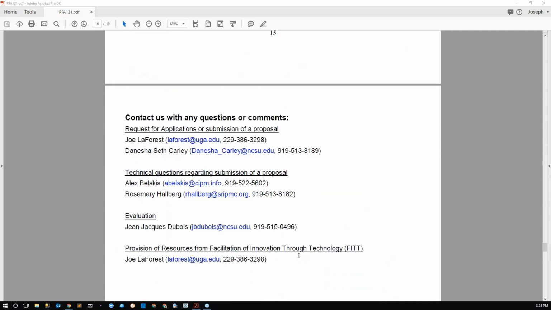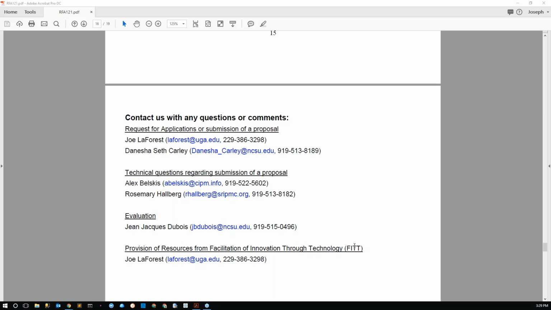Within this proposal, there is a section which discusses that, which says if you're looking for some technology and resources that are already available, be it webinars, project management software through something like Basecamp, online mapping for where different pests are, reporting of where pests are, use of smartphone applications, web hosting, a variety of different things which could help out your project. They are covered under the Facilitation of Innovation through Technology program, which I oversee.